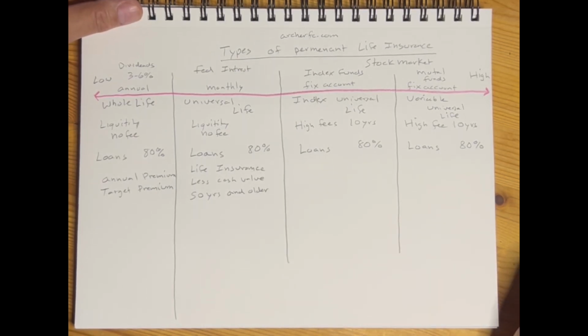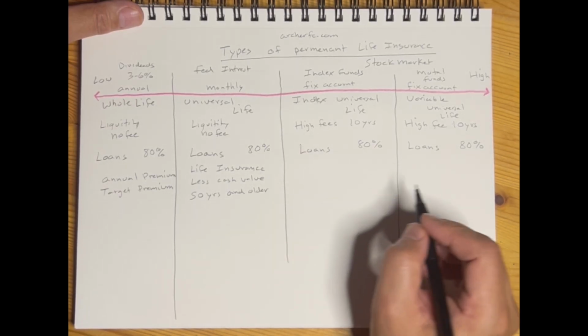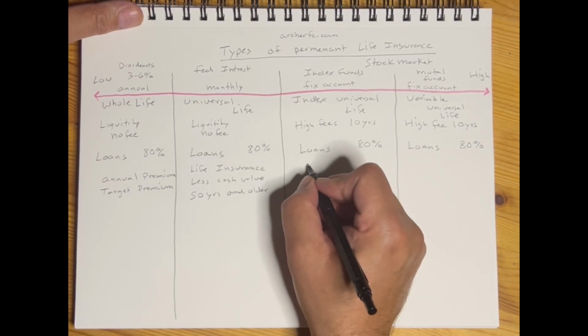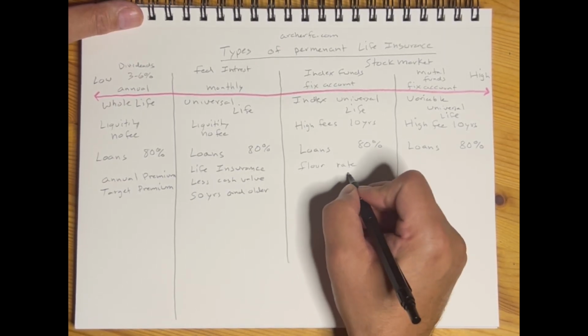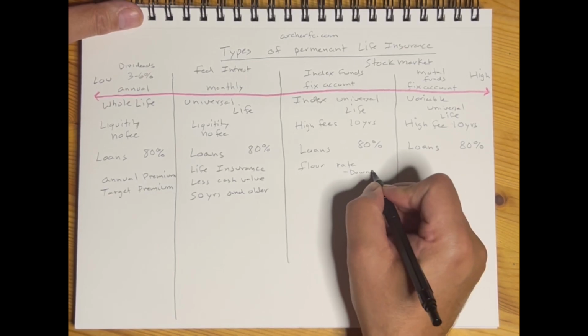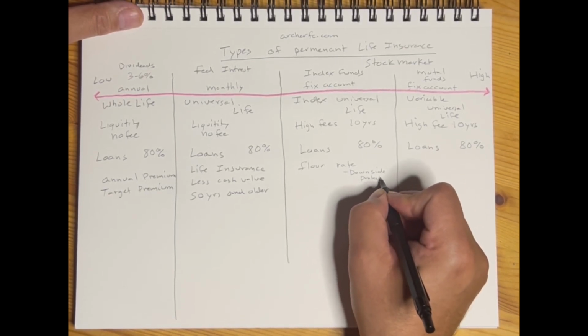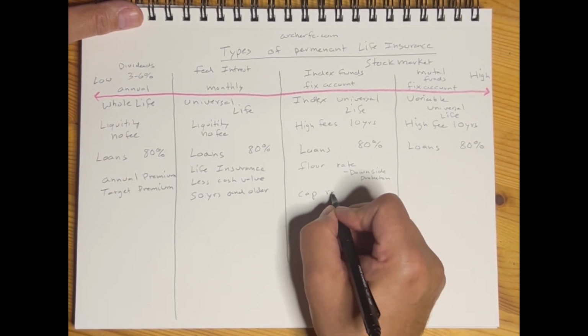Index Universal Life, I think, is one of the most misunderstood products out there. They're going to offer downside protection with your index funds with what's called a floor rate. This is downside protection from the stock market loss. But they're also going to have what's called a cap rate on your gains.